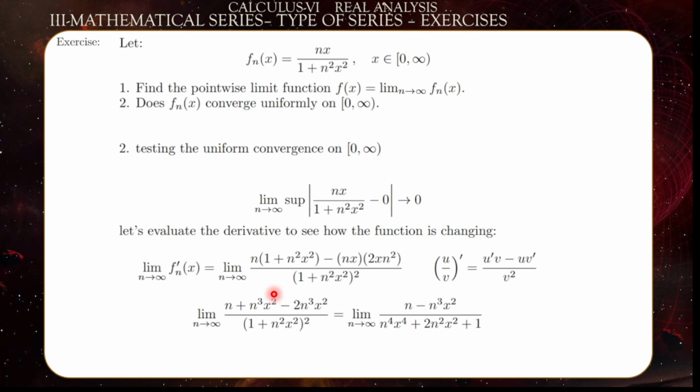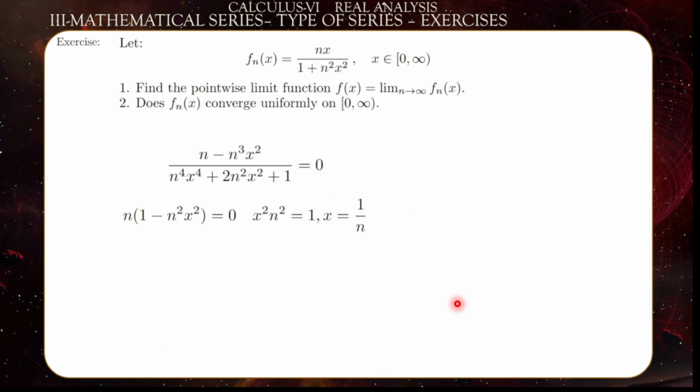Now we need to solve for 0. So you set the numerator equal to 0. Let's solve for f prime of x equals 0. So n minus n cubed x squared equals 0.